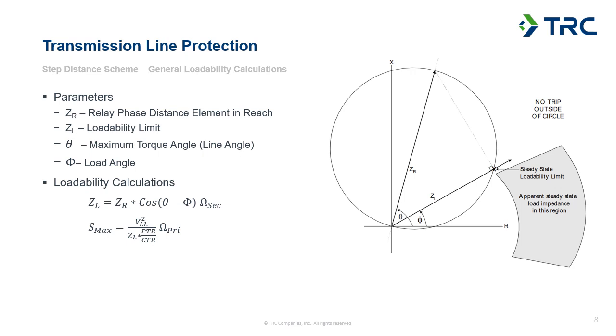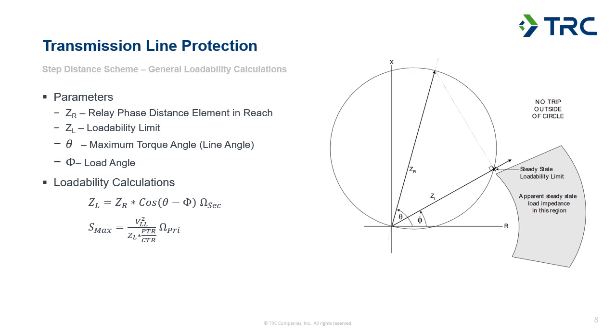So the load angle would be that 30 degrees criteria, or potentially you may try to set it slightly above that at 35 degrees or something like that to make sure that you're considering something outside the NERC criteria. But generally, we'll use 30 degrees for that, and then the max torque angle is generally set to the transmission line impedance angle.